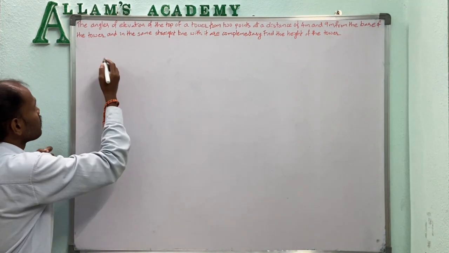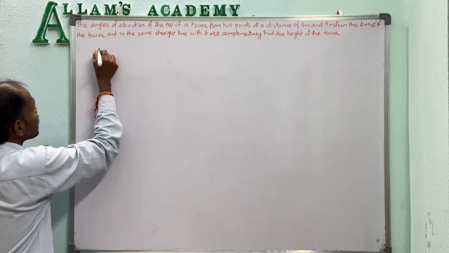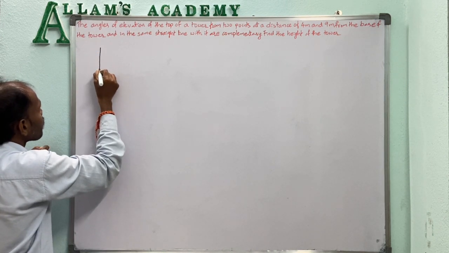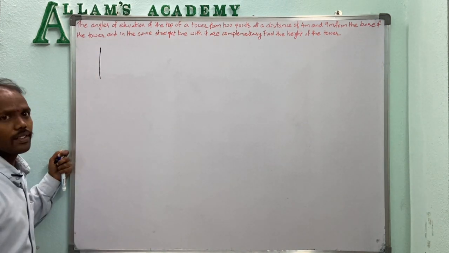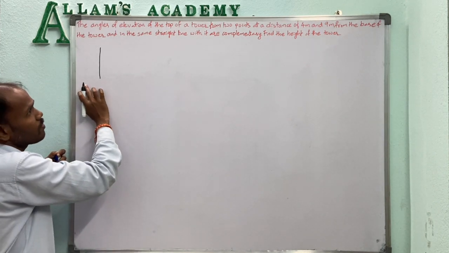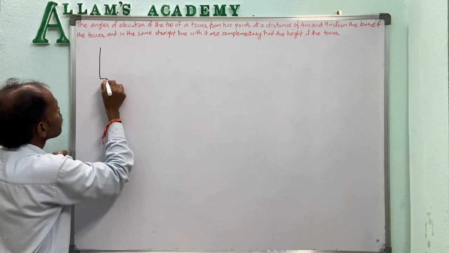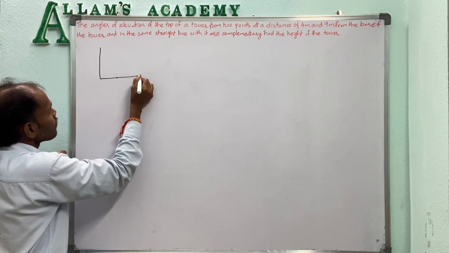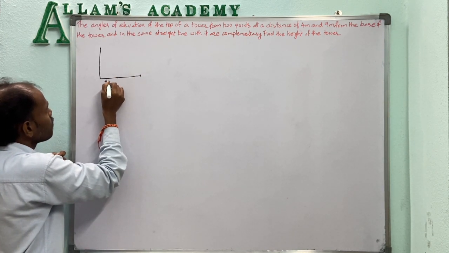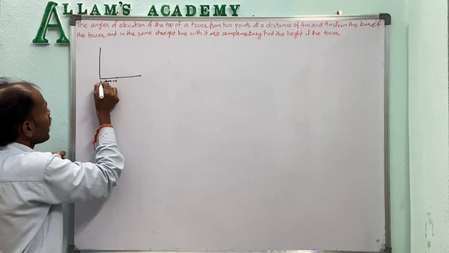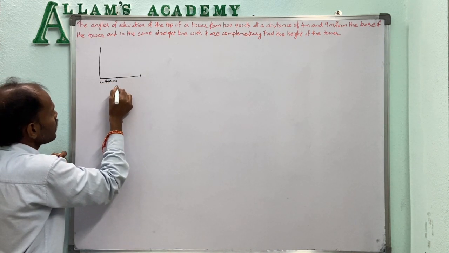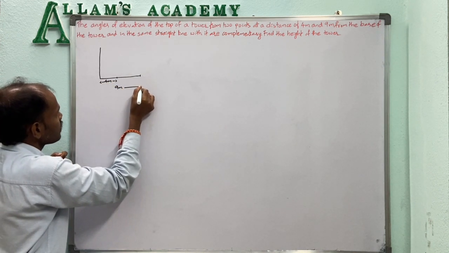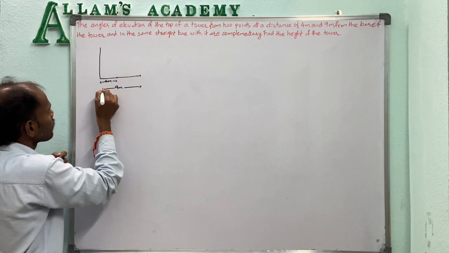Now the diagram for this information: a tower is there. From the tower, 2 points, one is at 4 meters distance and the other one is 9 meters distance.